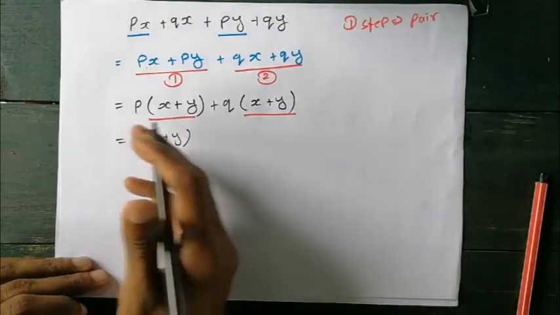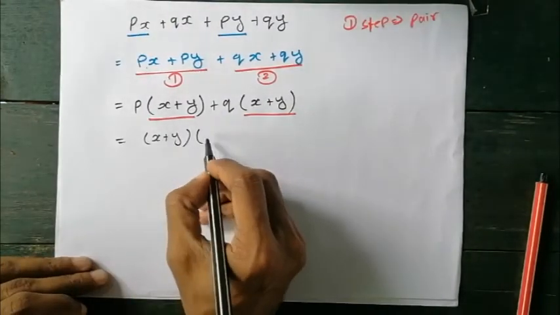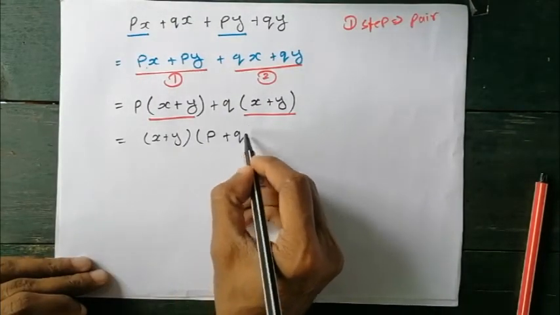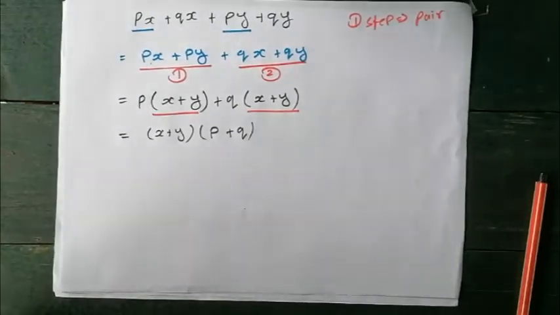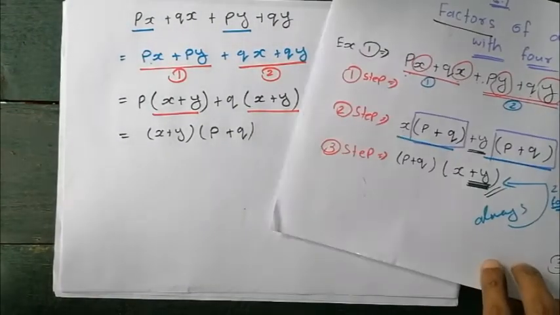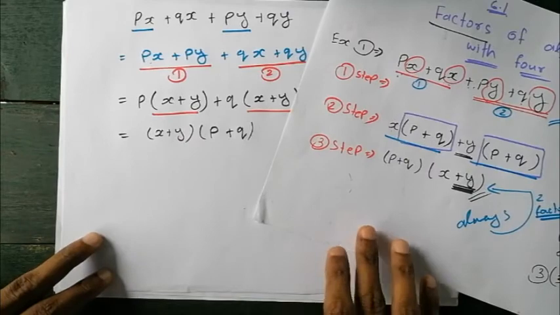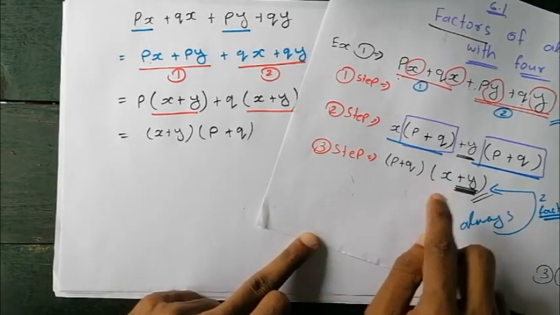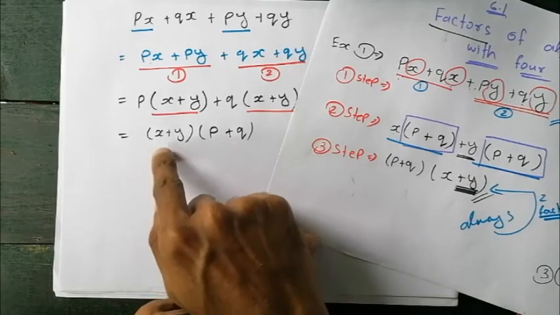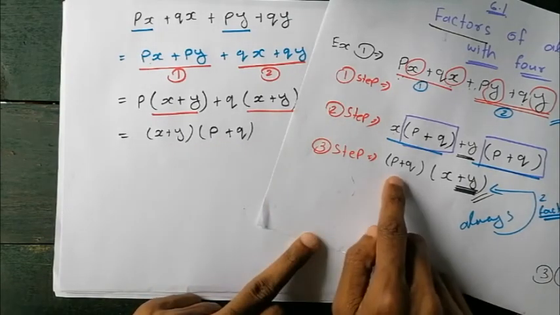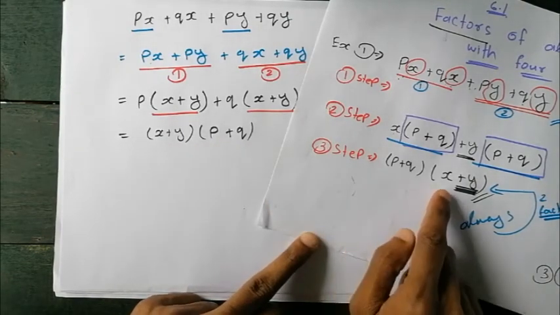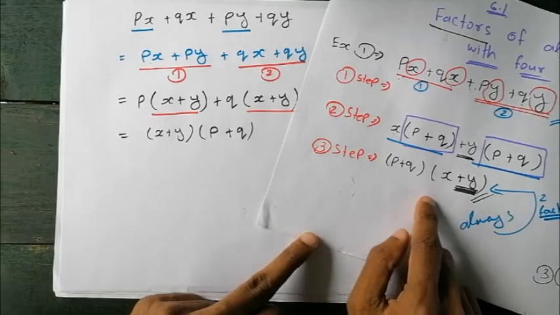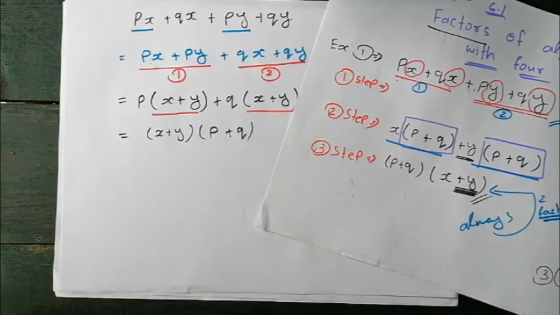So we take out x plus y. So the remaining is p and q. If you check the final answers of both methods, the factors are the same. x plus y, p plus q. Here also we have p plus q, x plus y. Both final answers are the same.